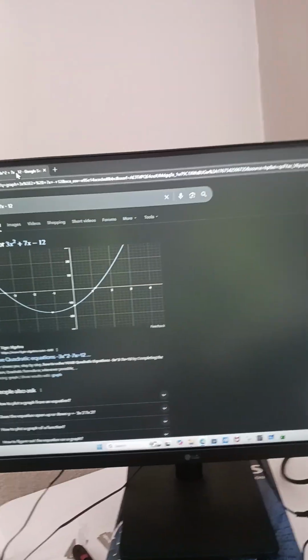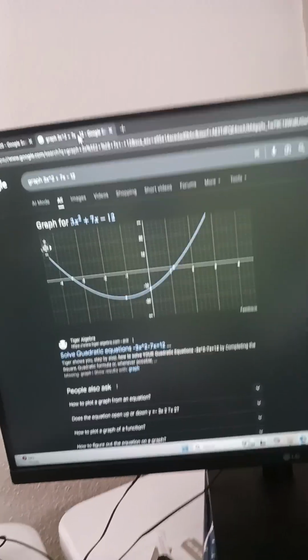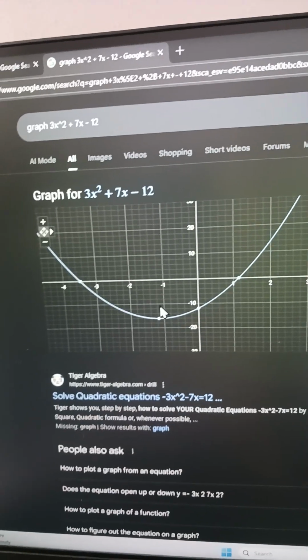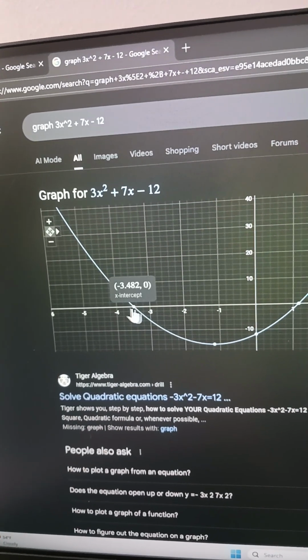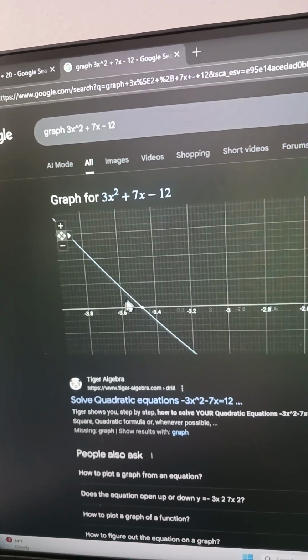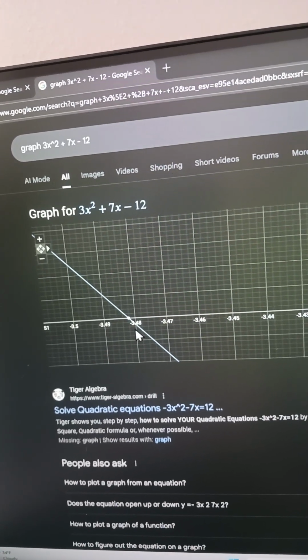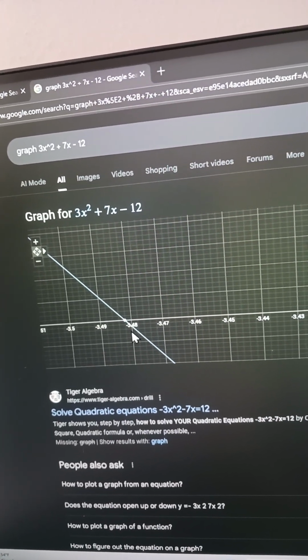Okay, so this is the graph of 3x squared plus 7x minus 12. If you look at where this is, it's pretty close to 3.5, but just less than 3.5. Remember, it was negative 3.482, I think.